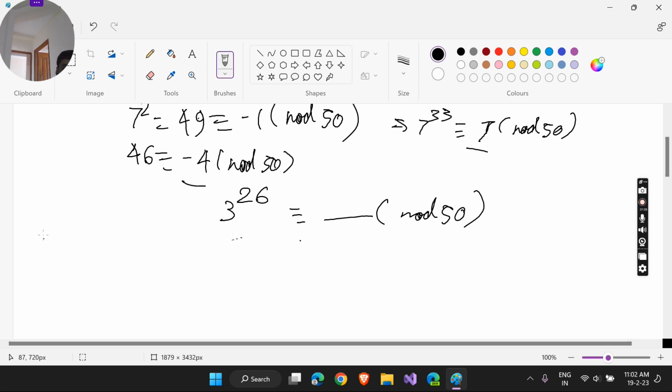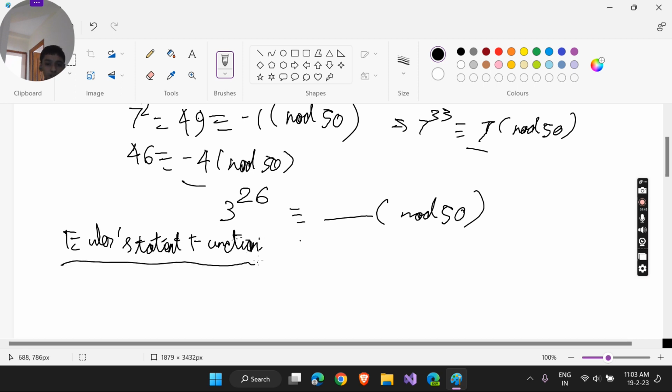First let me explain to you what the Euler's Totient function is. Let's consider a number x.